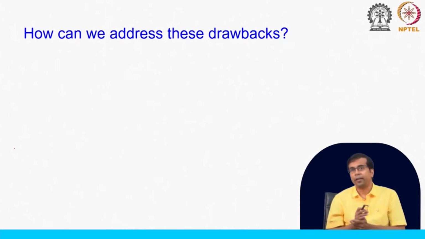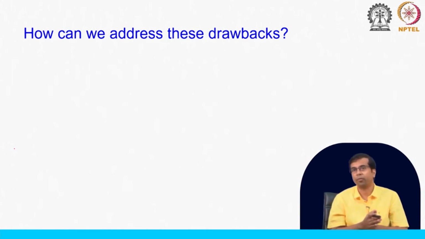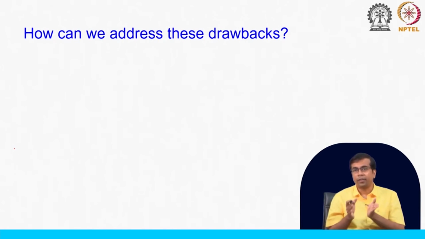So, how can we address these drawbacks? This is something that we saw in 454, that we have the quality score and the sequence data separately, and this is computationally really inefficient. We cannot just throw away the quality score, we need that for quality control in the next step.